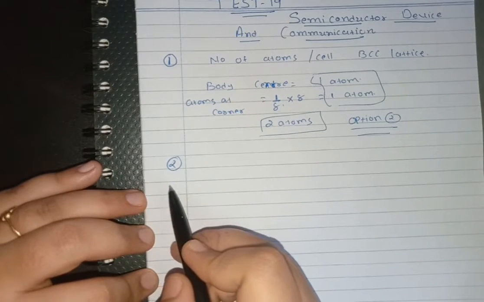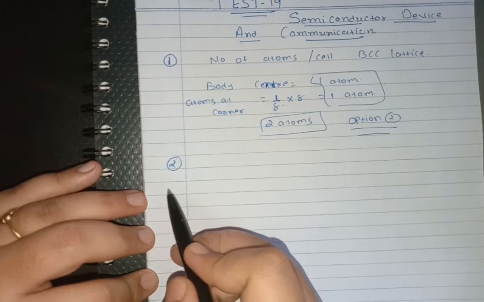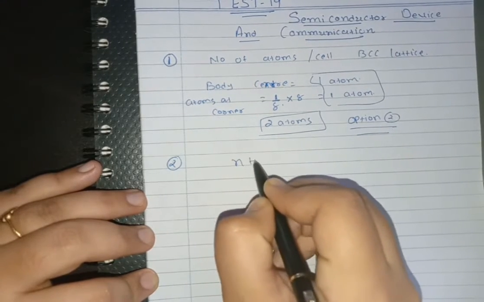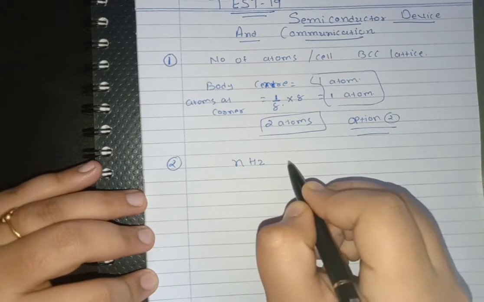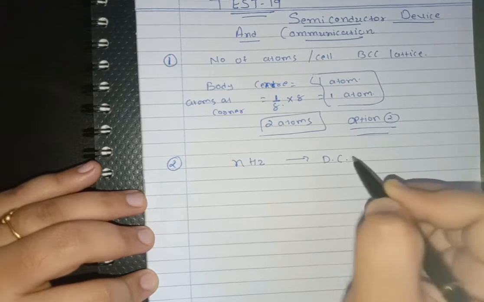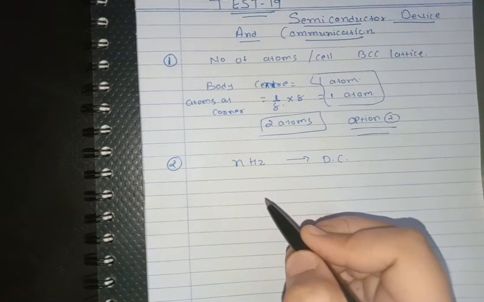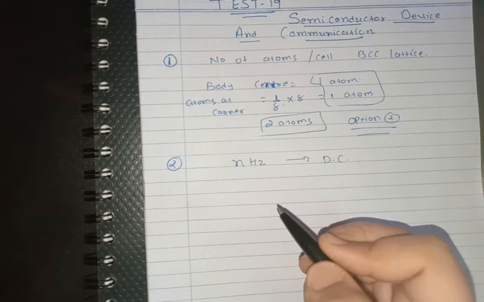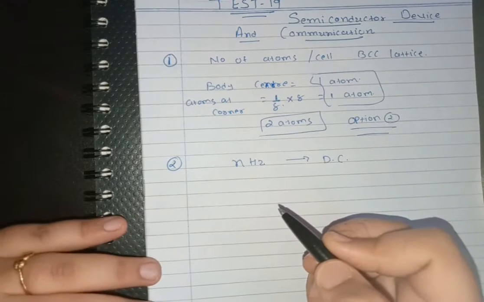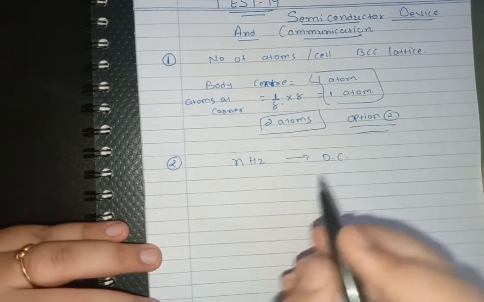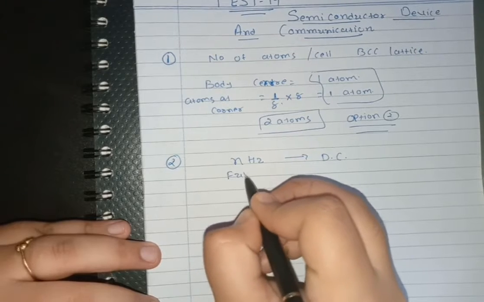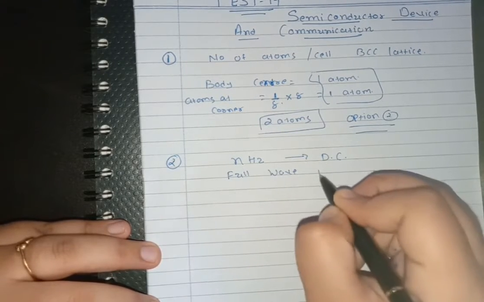In question number 2, a full wave rectifier is used to convert N Hertz AC into DC. We want to find the number of pulses per second in rectified wave. That means we want to find the frequency of rectified wave. Here it is full wave rectifier.